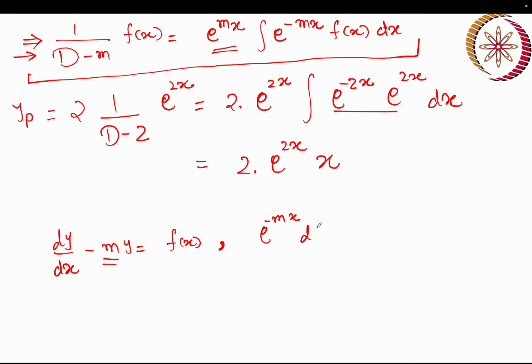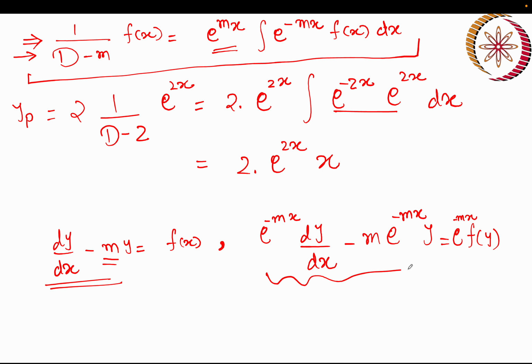You can check that, or try it as an exercise. If we multiply this whole equation by e raised to minus mx, it will be e raised to minus mx into dy by dx minus m e raised to minus mx y equals e raised to minus mx into f of x.